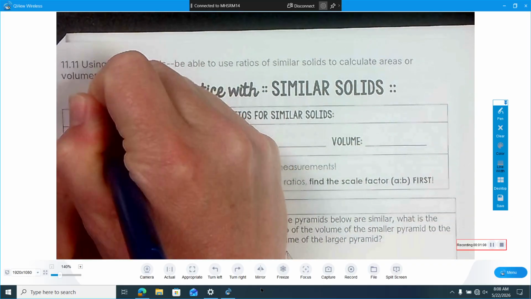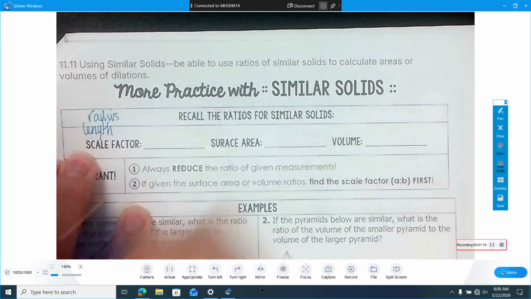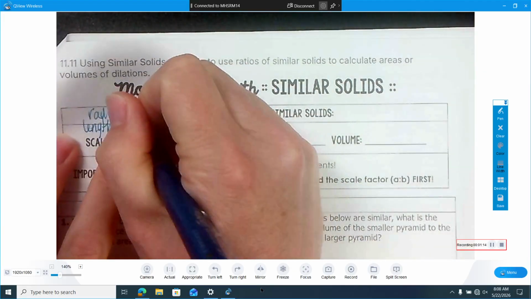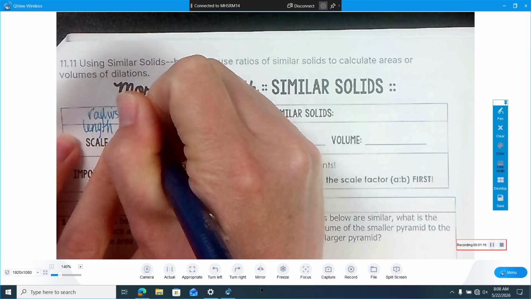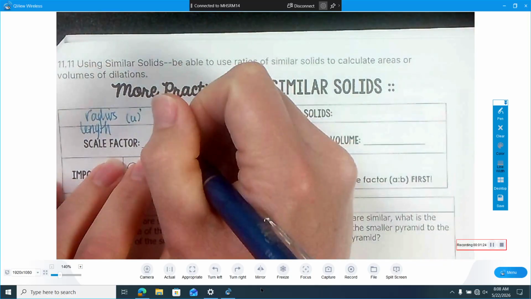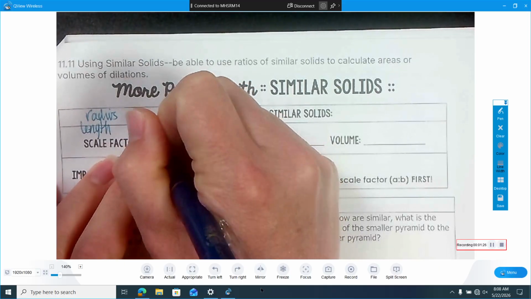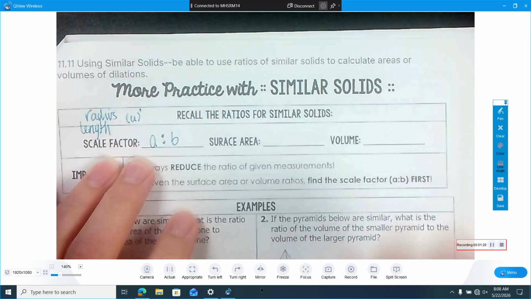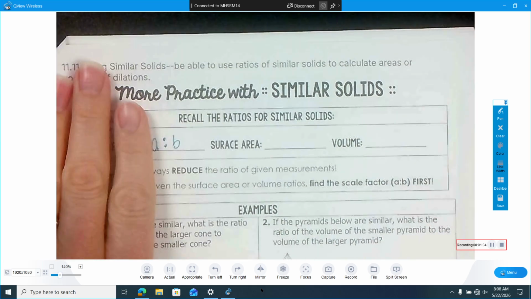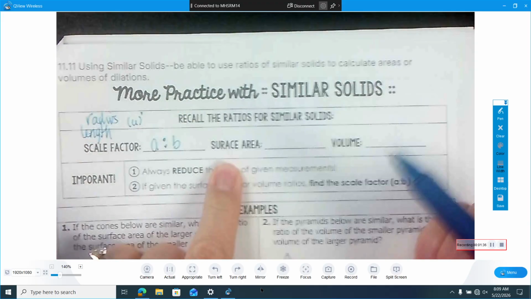Length, radius, diameter, height. These are all linear measurements, all right? And so it's important you realize it's units to the first power. Those are all linear measurements, and they determine our scale factor, which we said was A to B if we have similar solids.